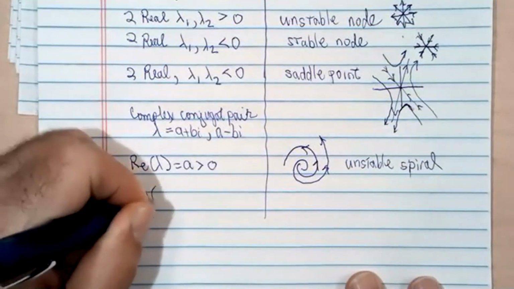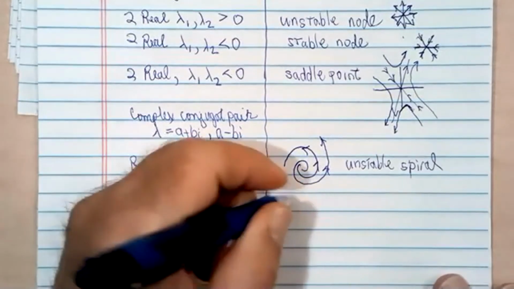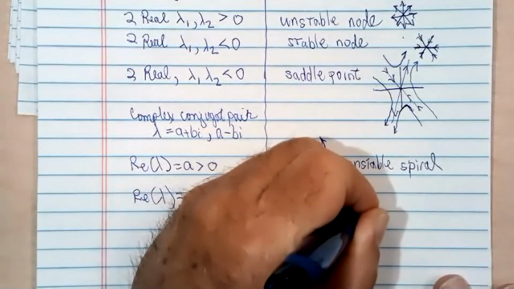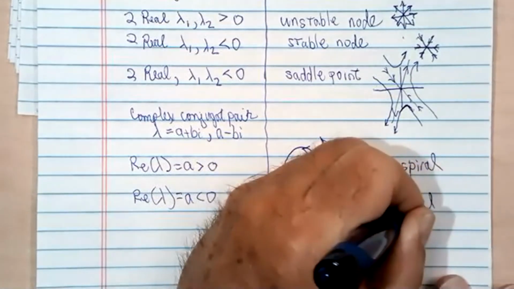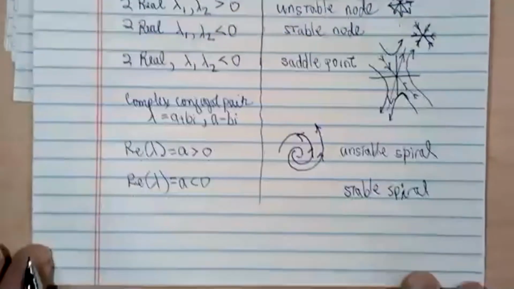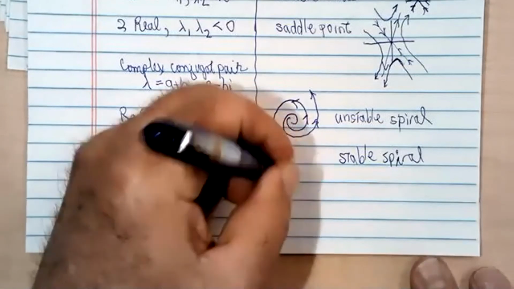If the real part is less than 0, then you have a stable spiral. I won't treat you to another of my fabulous figures there, since it's just like that, only it's coming in. Well, maybe I should draw it.